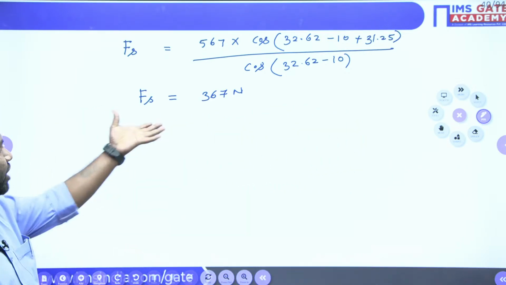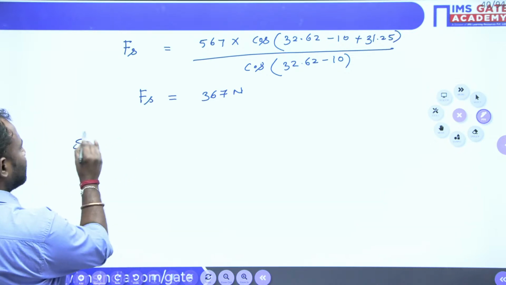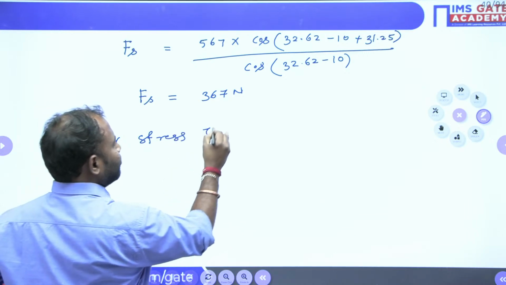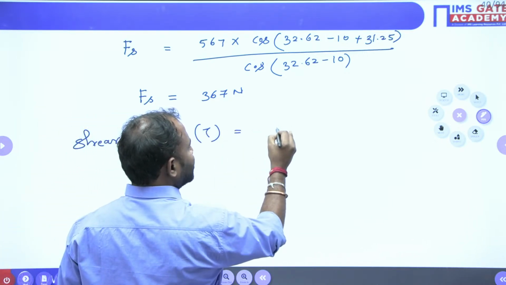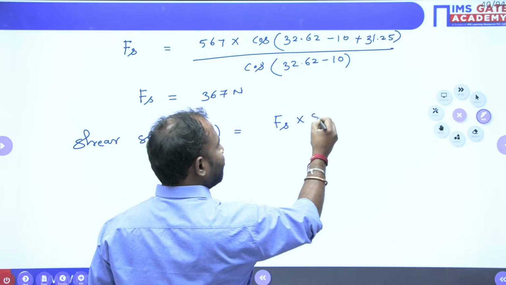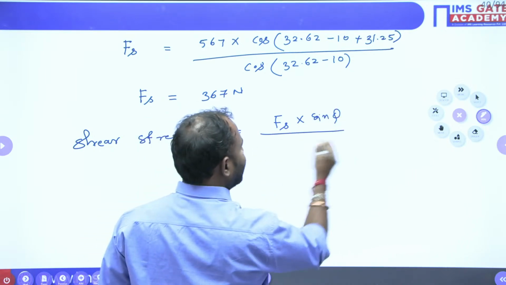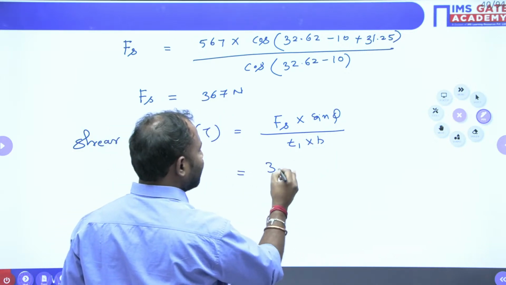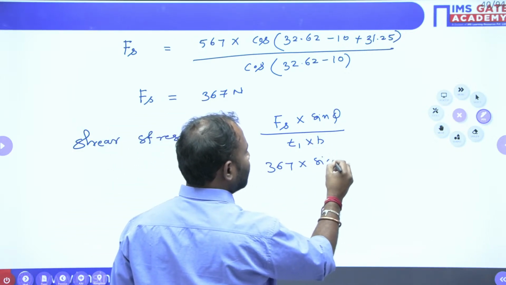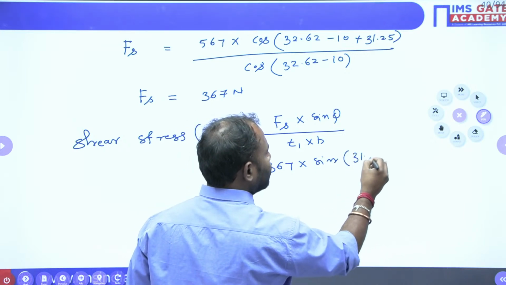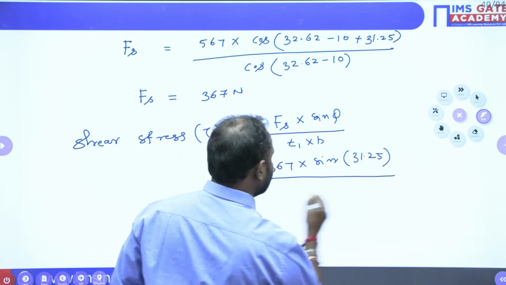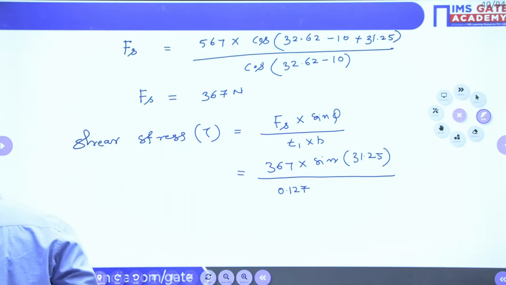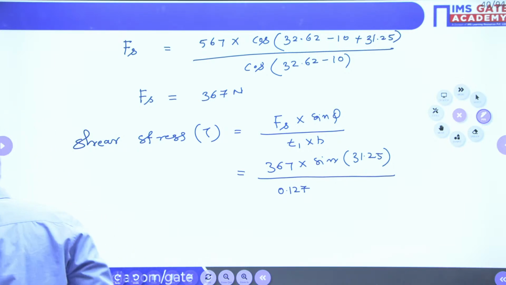Yeah. Now shear force we got. Now shear stress. Shear stress tau is equal to shear force into sine phi, divided by T1 into B. Now shear force 367 newtons into sine of phi, 31.25, divided by T1, so 0.127, I guess. And B is how much?